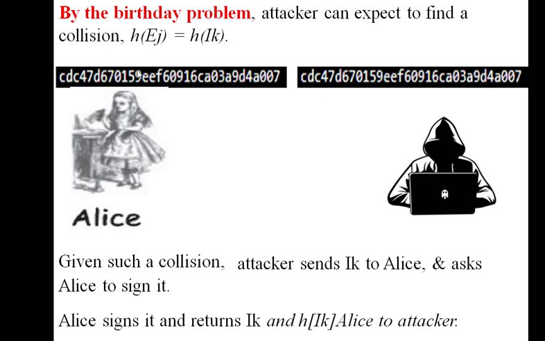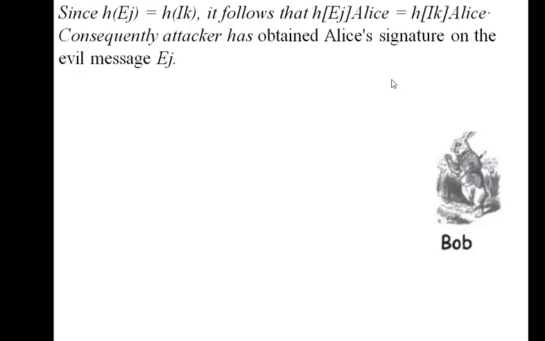Are you understanding this? Okay. Now the attacker has the hash value. Observe. Since h of e_j equals h of i_k, where E means evil message and I means innocent, it follows that the hash of the evil message with Alice's signature is equal to the hash of the innocent message with Alice's signature.